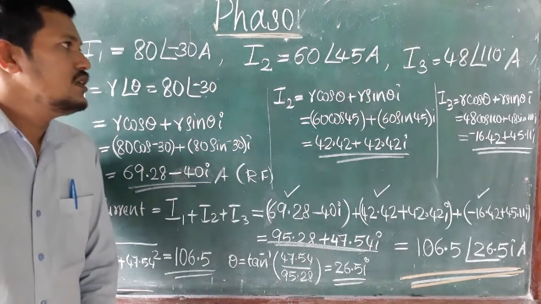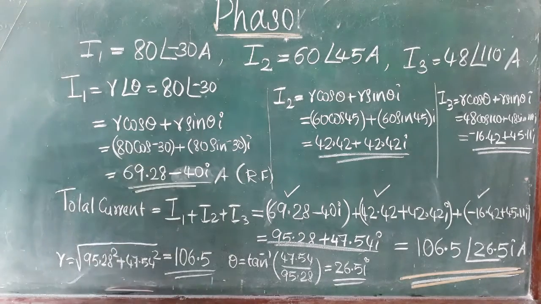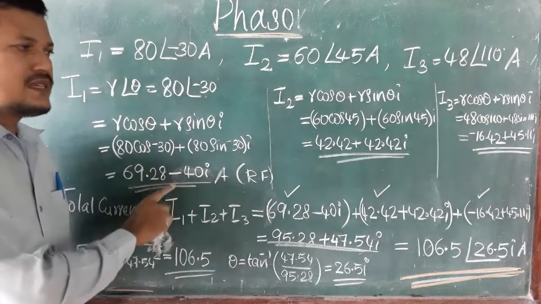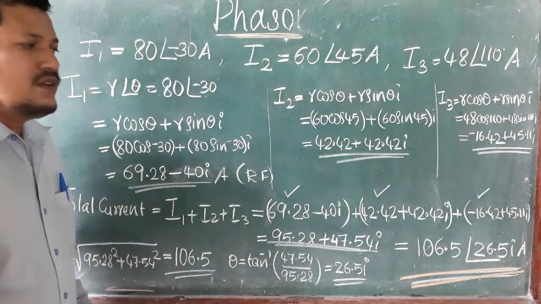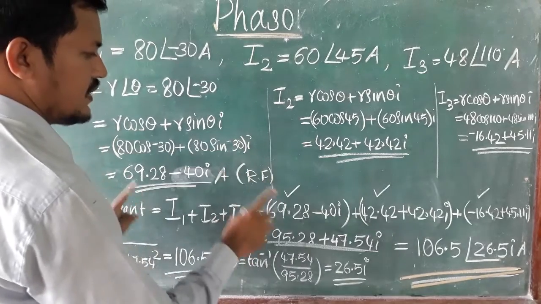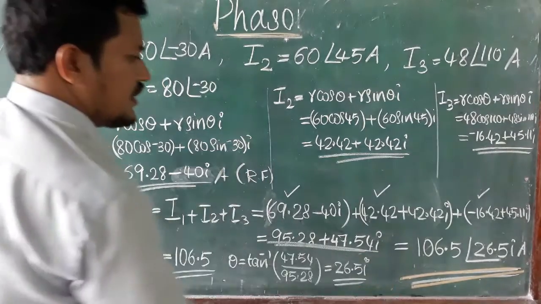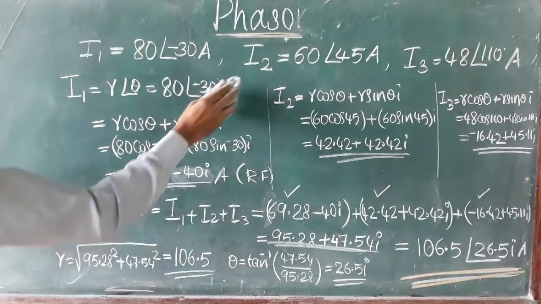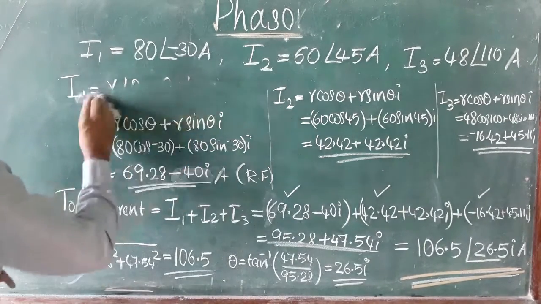There is the total current. The same thing we can draw: first we draw the phasor, then we can add the phasors, converting rectangular to polar. We got the answer, we can write it, and we can draw the waveform or phasor also. I will show you.